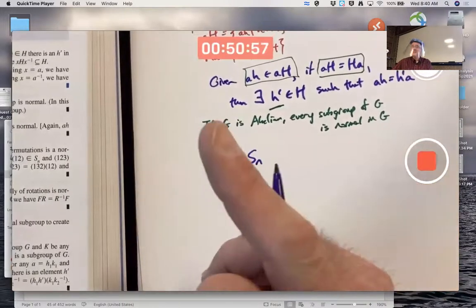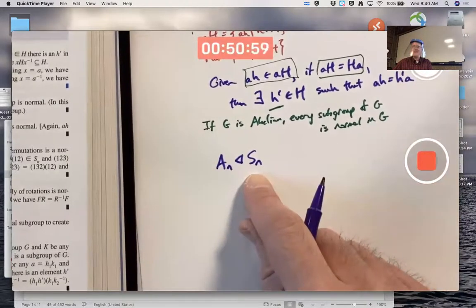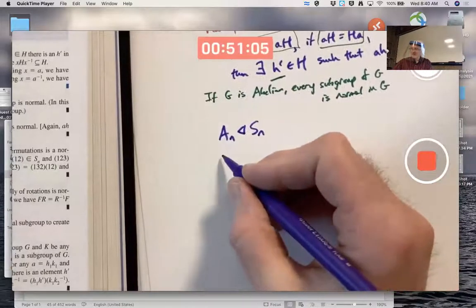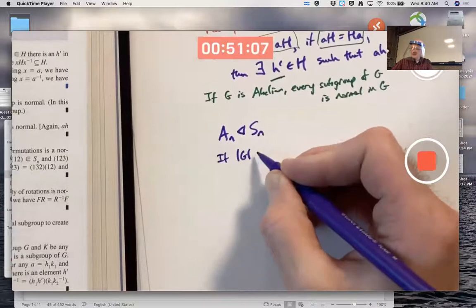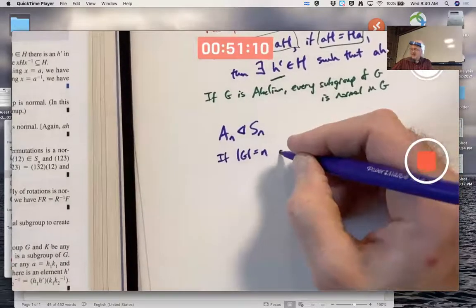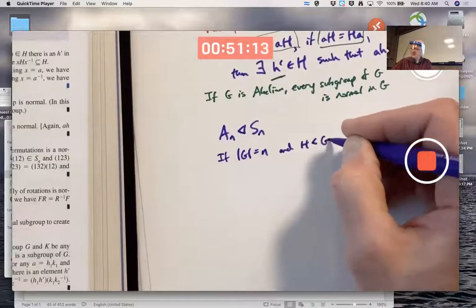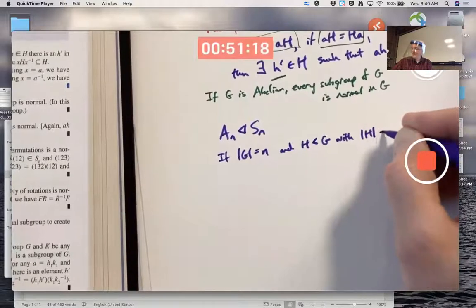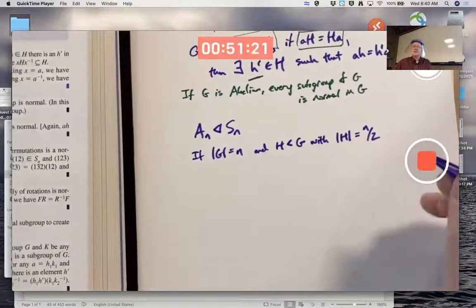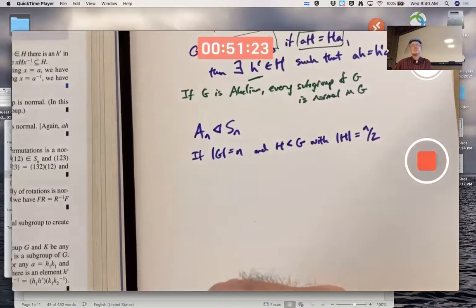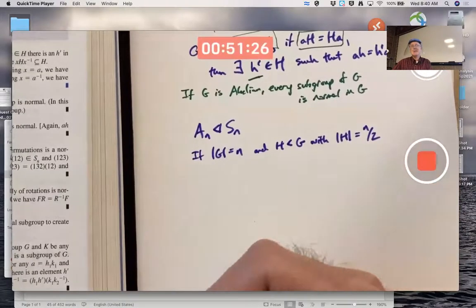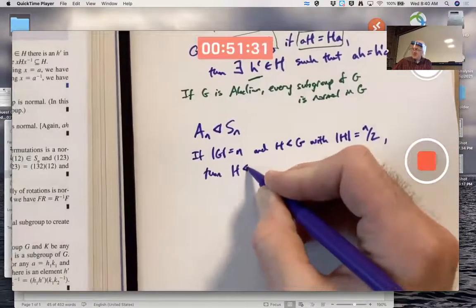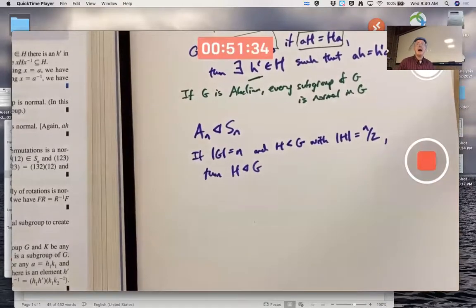And in fact, this fact is a special case of a more general fact. If the order of G is, say, n, and H is a subgroup of G with order equal to n divided by 2, implicitly assuming there that that's an integer, so I'm implicitly assuming n is even here, then H is a normal subgroup of G, whether G is abelian or not.